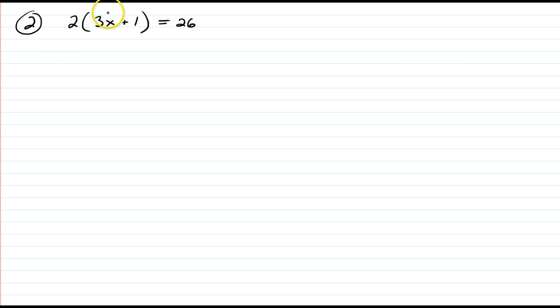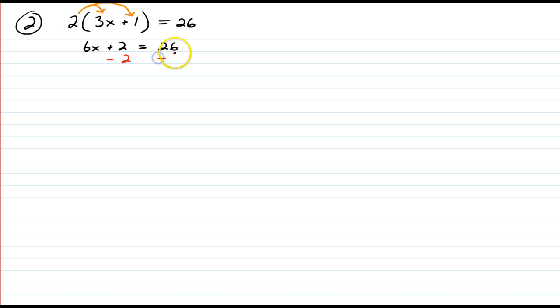Alright, let's look at another example. Here we have 2 times the quantity 3x plus 1 equals 26. Before we start solving, we're going to distribute the 2 in. And so I get 6x plus 2 is equal to 26. Now we're looking at a problem just like we did before, where we need to undo the number.